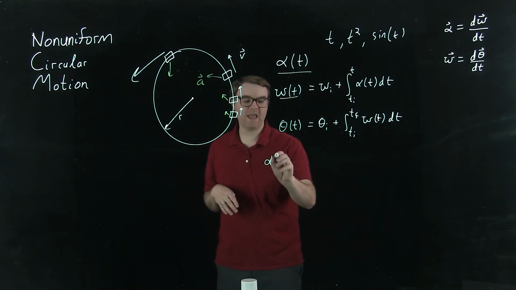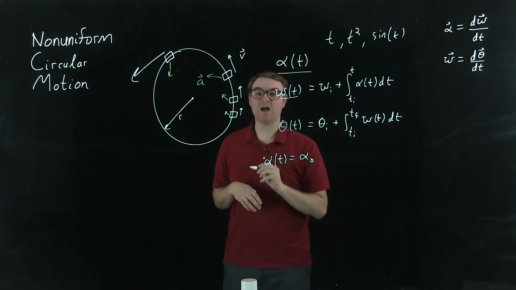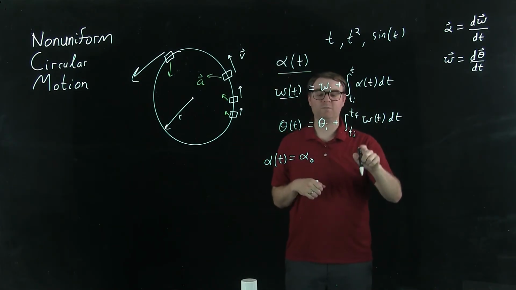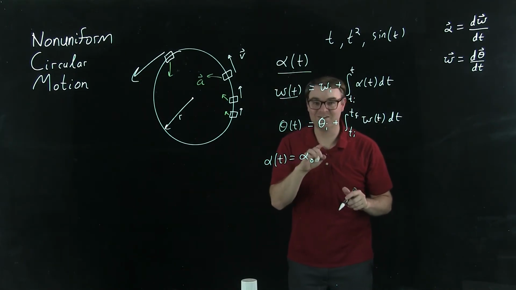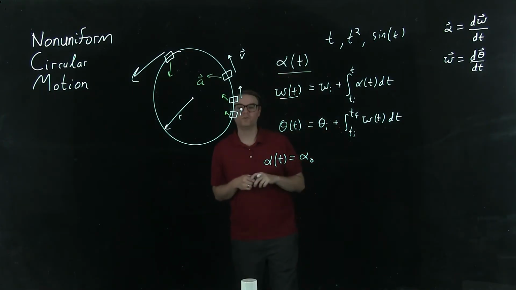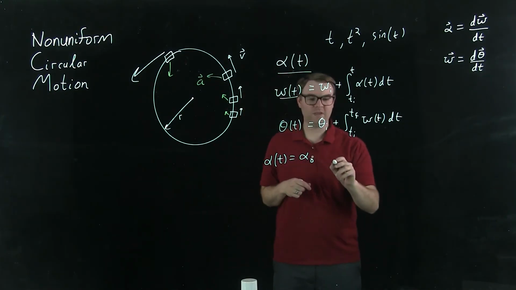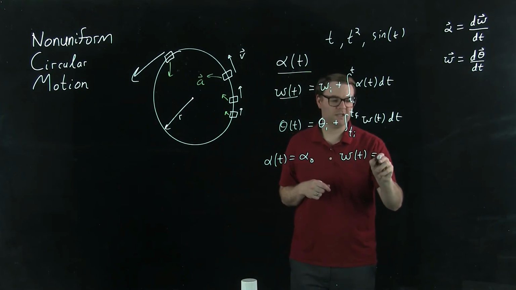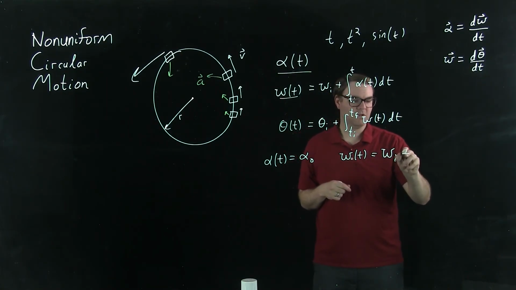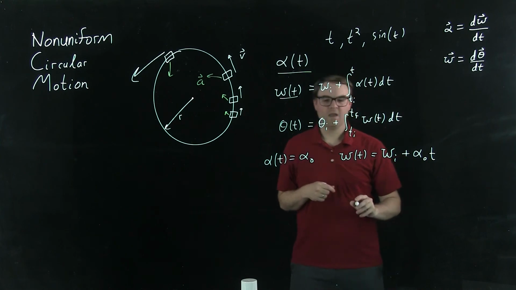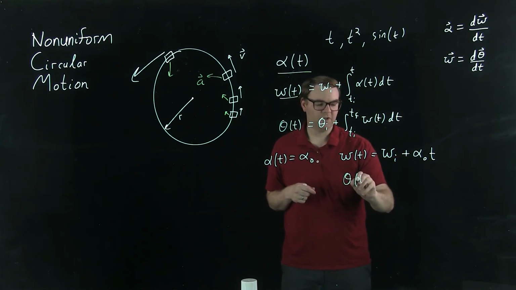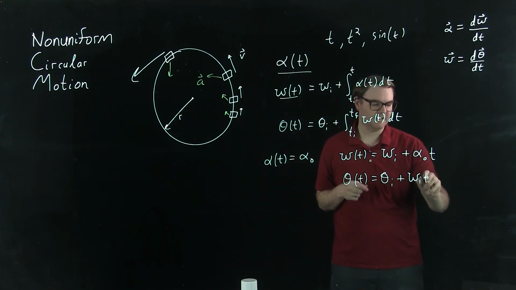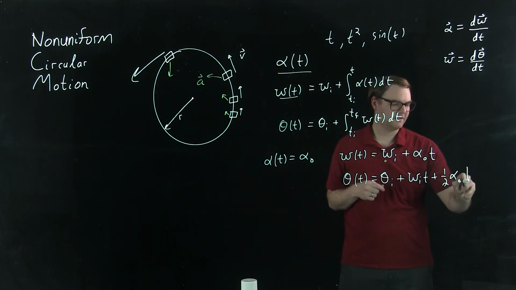We, of course, are going to often talk about the most common and most straightforward of these, which is the case where the angular acceleration is equal to some constant, which I might decide to call alpha naught. At that point, these integrals become very easy and, again, identical to integrals that you saw for translational motion, which means we're going to get an omega of t equal to omega initial plus alpha naught t, and an equation for theta which looks like theta initial plus omega initial t plus 1/2 alpha naught t squared.